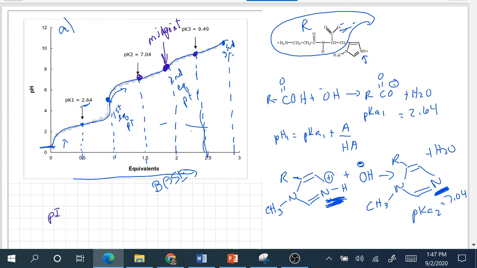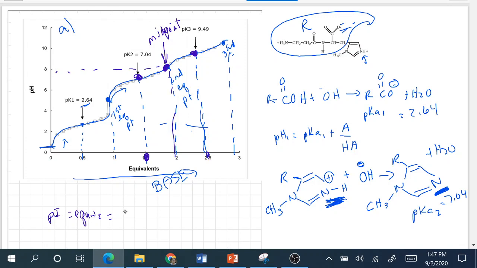So our pI is equal to the second equivalence point, and that's going to be equal to the midpoint between the third pKa and the second pKa. Because realize that that is halfway between 1.5 equivalents and 2.5 equivalents.